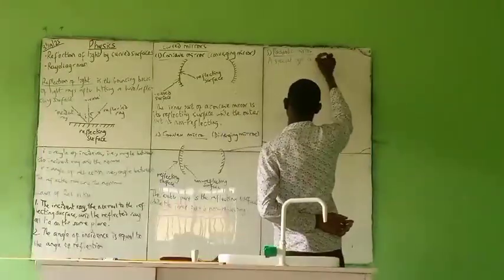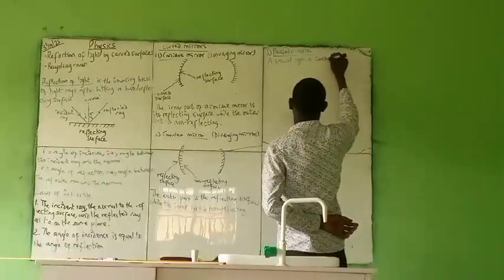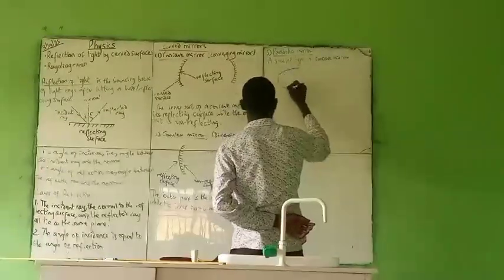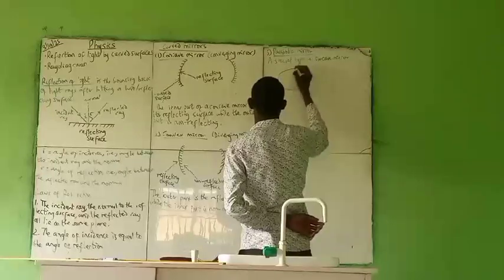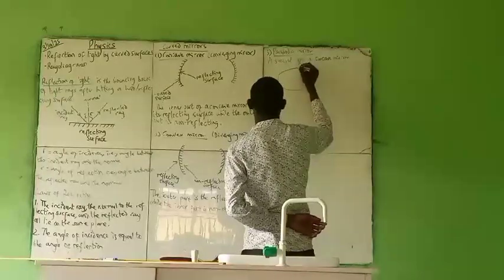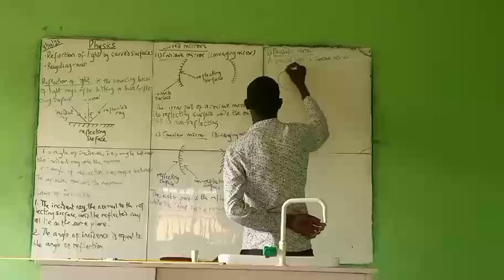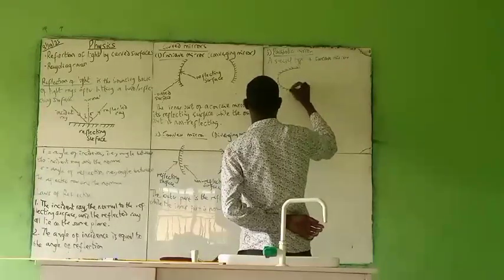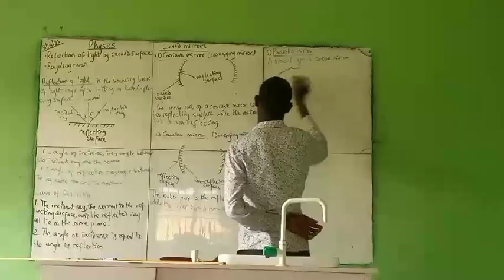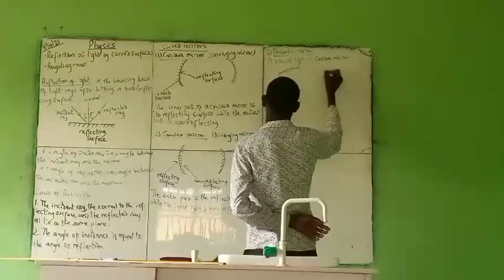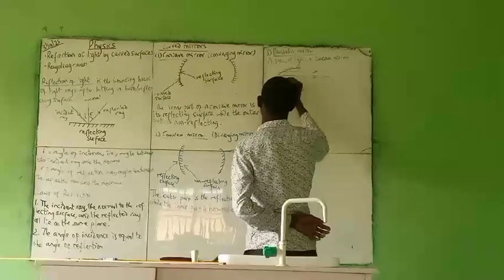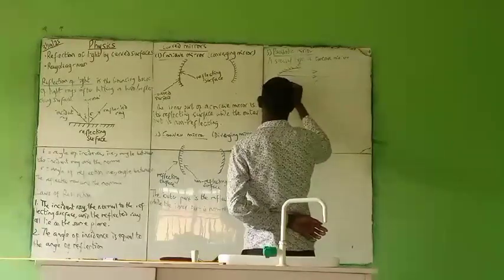It looks like this. The outer part is coated and the inward part is the reflecting surface. So any rays hitting it are reflected parallel to one another.